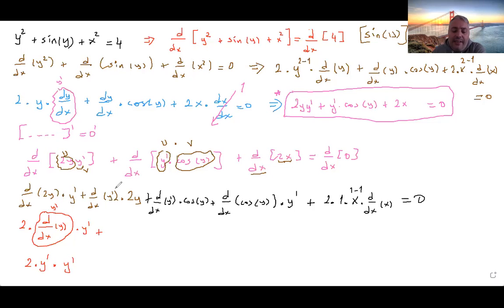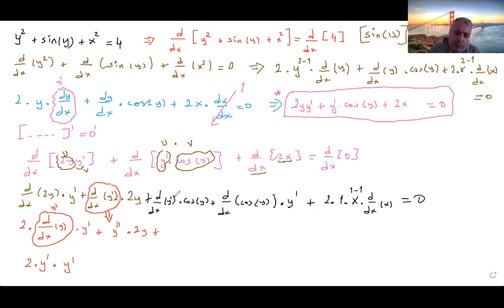And then, be careful, the derivative of y prime with respect to x is y prime prime. Isn't it y double prime by definition? y prime prime is y double prime, higher order derivatives. So this is now y double prime, just a definition. Yes or no? Yes. Times 2y.